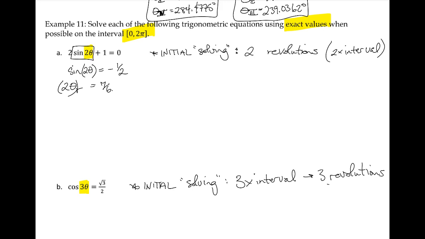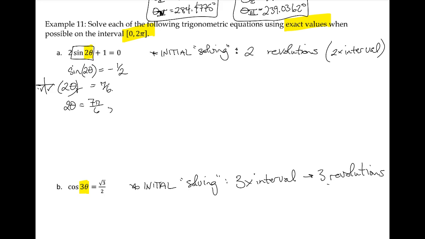But it's negative, so I'm talking about in quadrants 3 and 4. And like I said, I have to account for 2 revolutions because I've actually got double my regular angle. So 2 theta could potentially be not pi over 6, because that's my reference angle and that's in quadrant 1, but looking at quadrant 3, measuring from pi plus pi over 6, that would be 7 pi over 6.